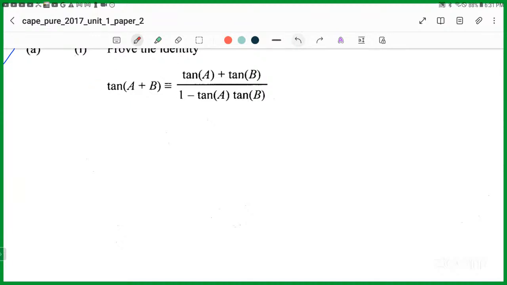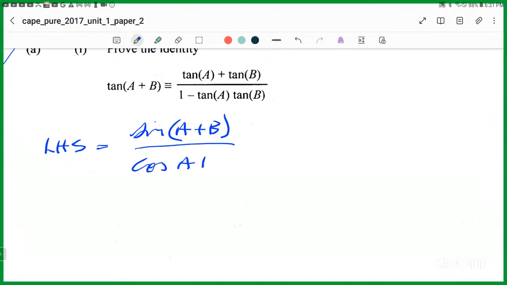The left-hand side, let's go. The left-hand side, which is this side, can be written as sine of A plus B over cos of A plus B. Right? That's the first thing.